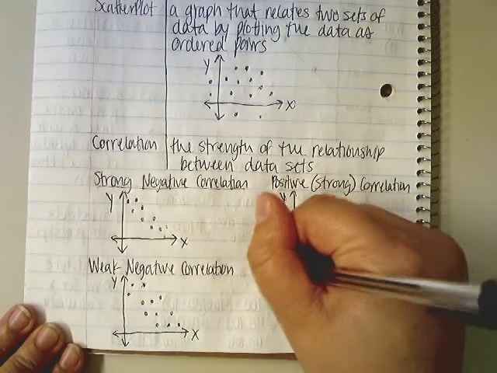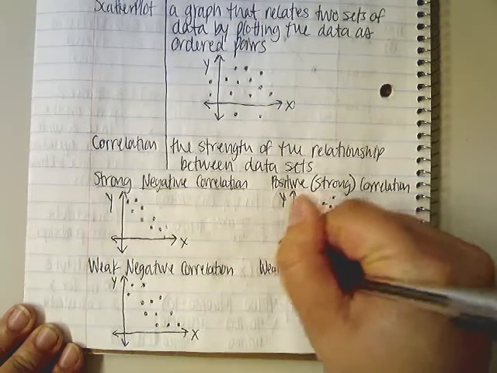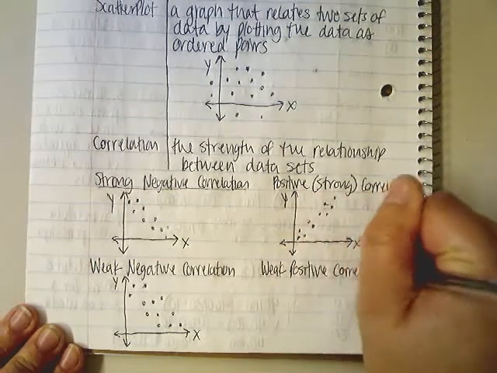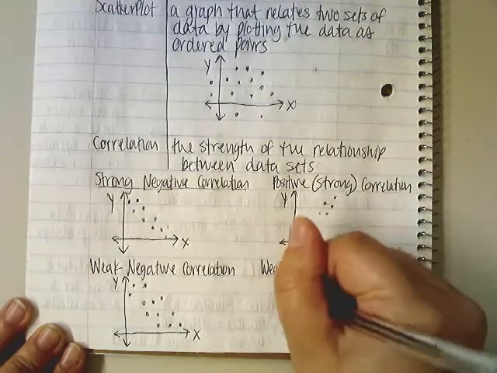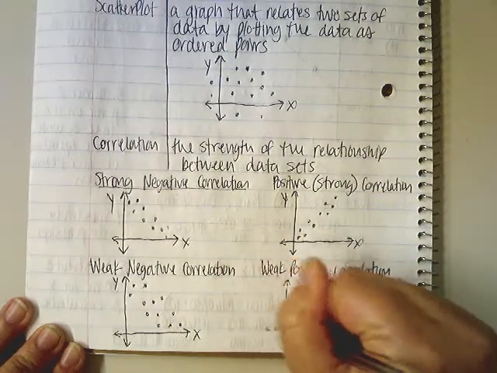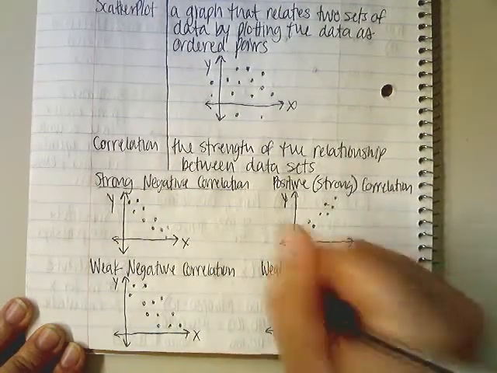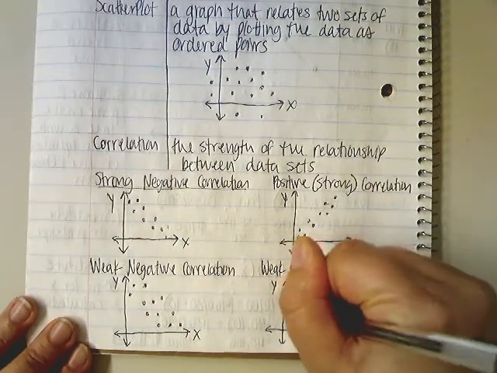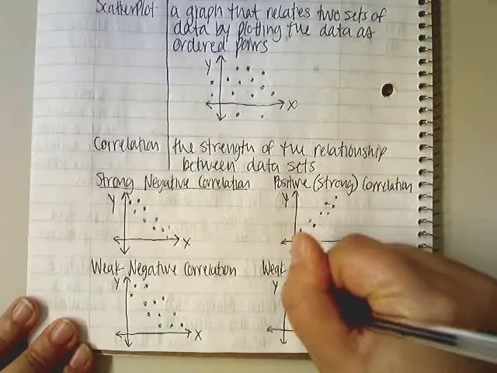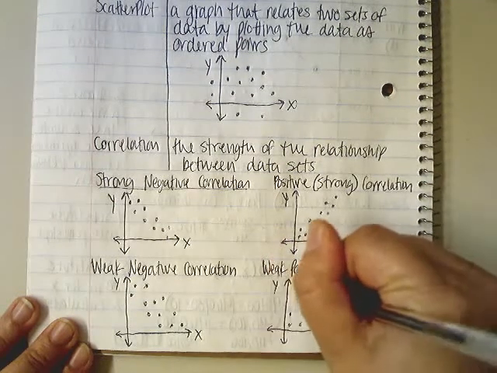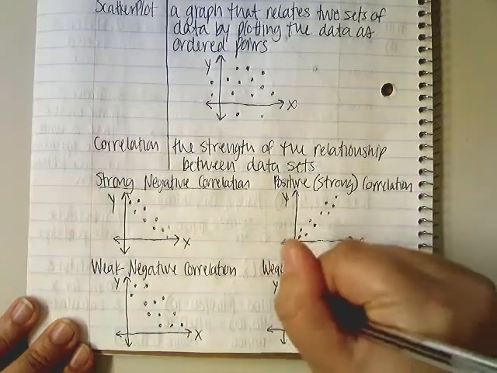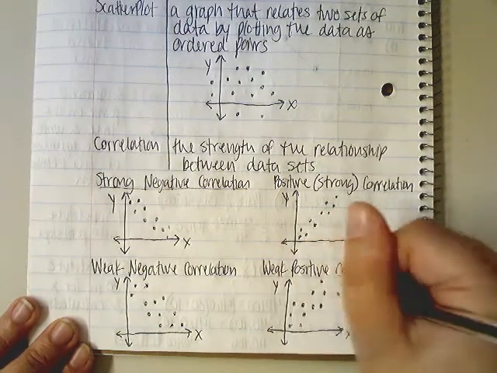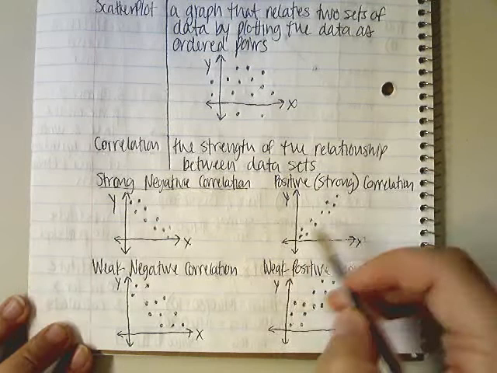We can also have a weak positive correlation. And that would be similar to the weak negative correlation, but in the positive direction. So again, these are trending in the positive direction, but they're not as tightly knit around that trend line.